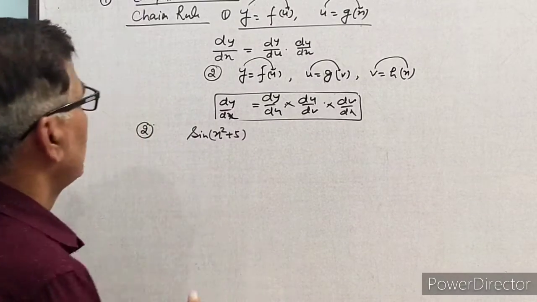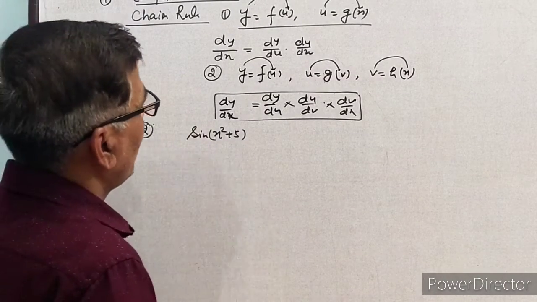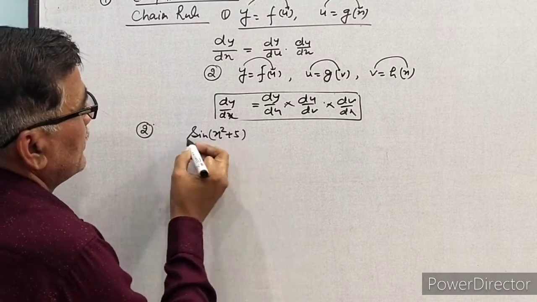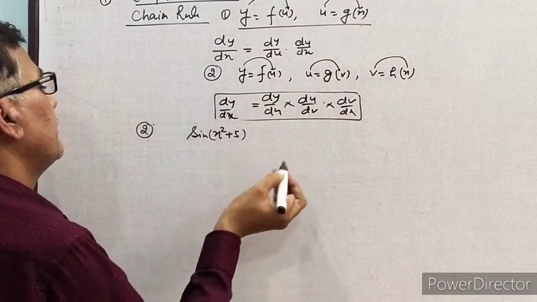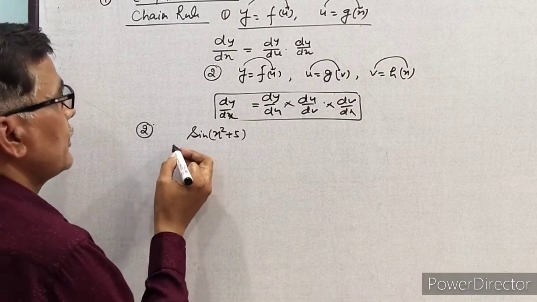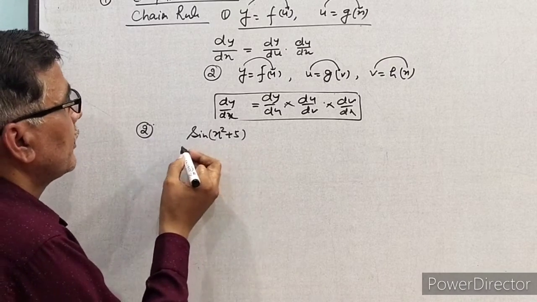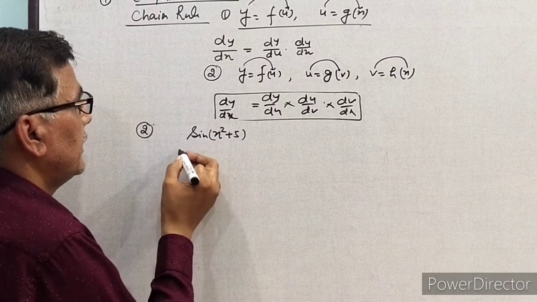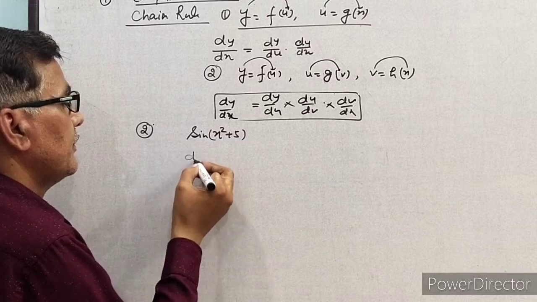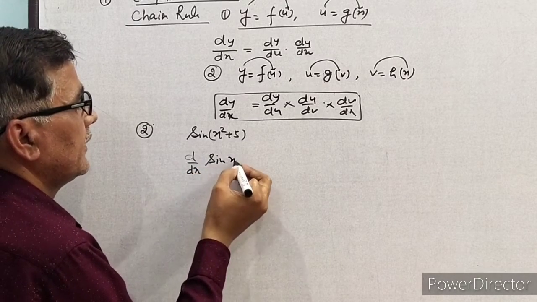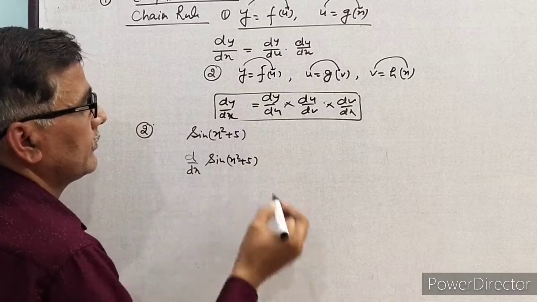Next question is sin(x^2 + 5). We can differentiate this question by the same procedure we did in the last question. So on differentiating with respect to x, we can write d over dx of sin(x^2 + 5).